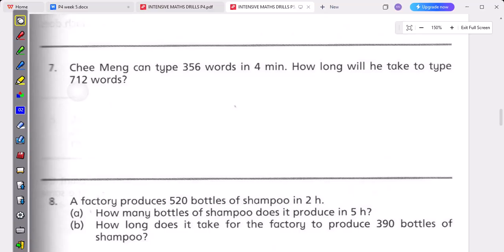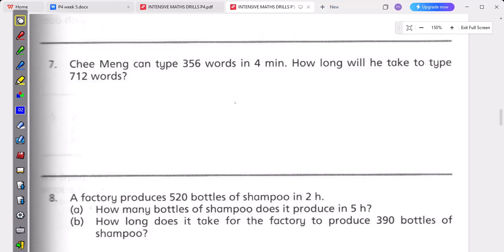So 4 minutes equal to 356 words. And for the next statement, how long will he take to type 712 words?